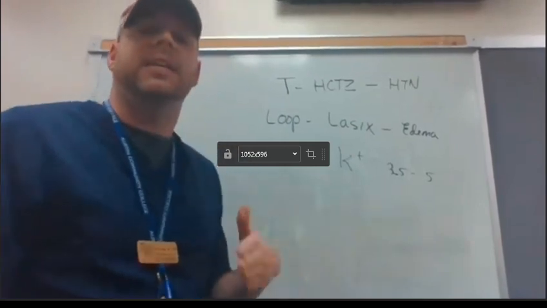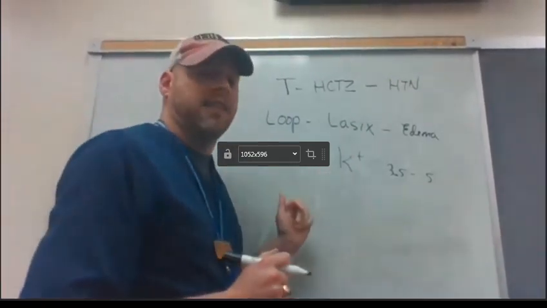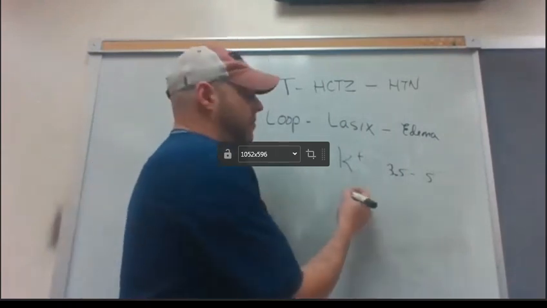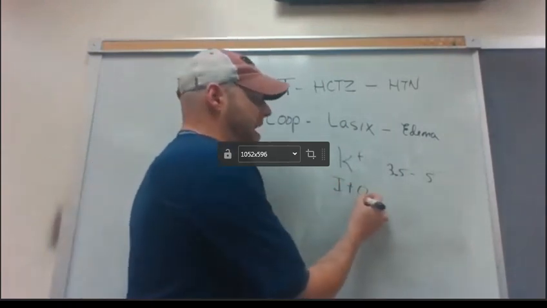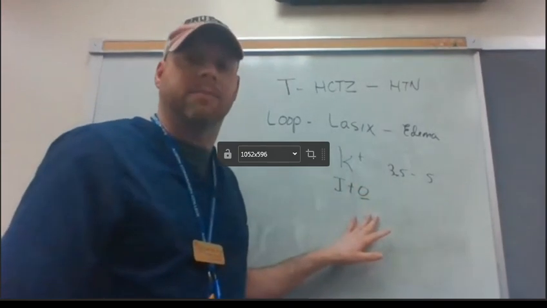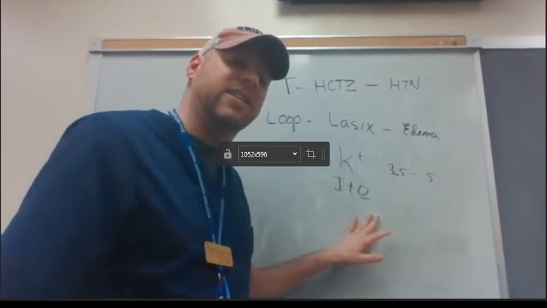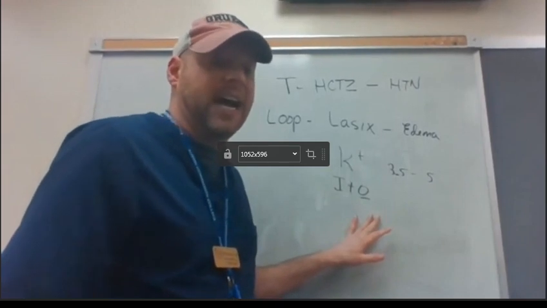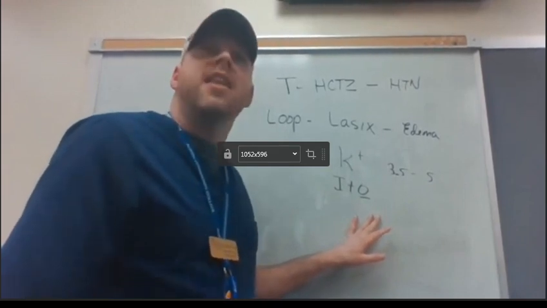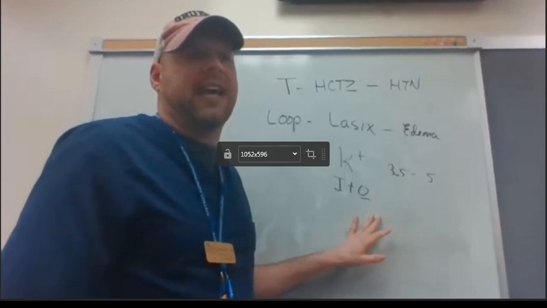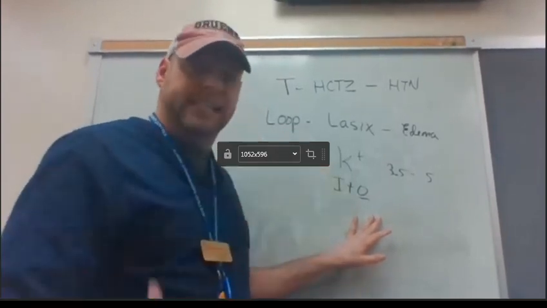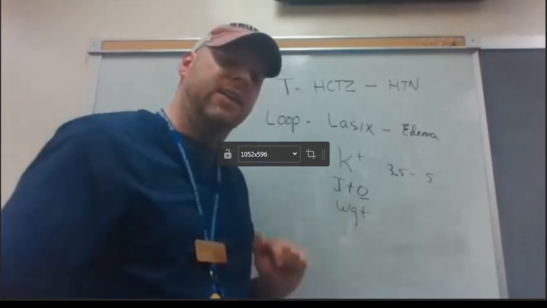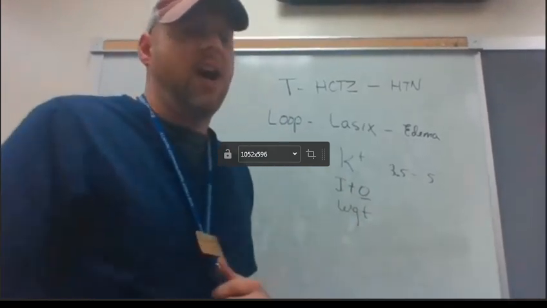Now, other things: because they work directly on the kidneys, that's why it's causing me to diurese, we need to monitor input and output, okay? Especially output, because I need to know how much fluid is being lost and is the diuretic working. Another wonderful assessment of fluid status in the human body is weight, and we'll monitor their weight.